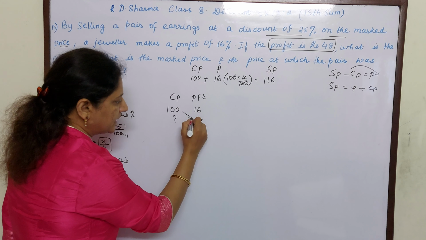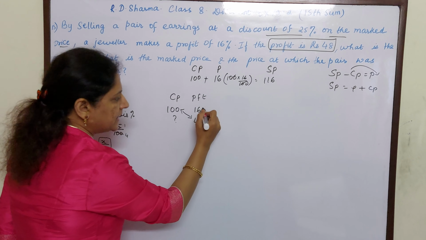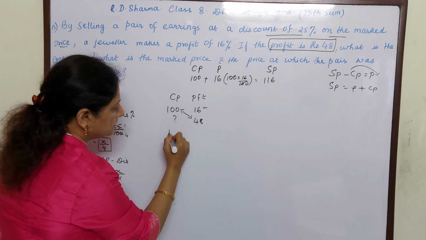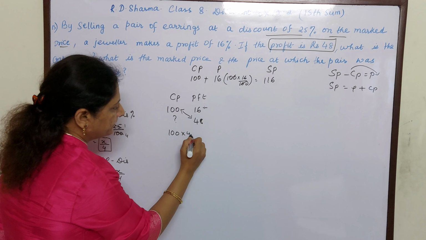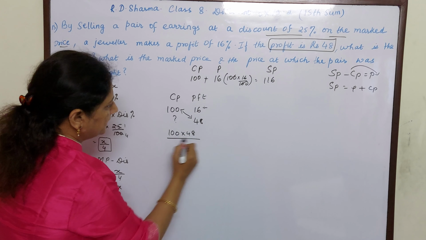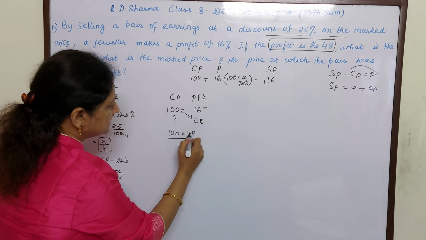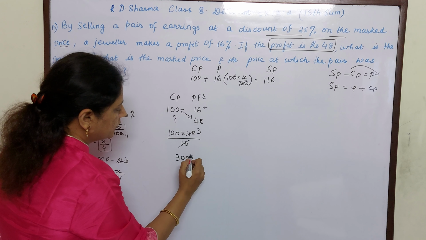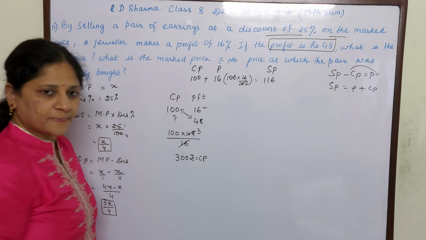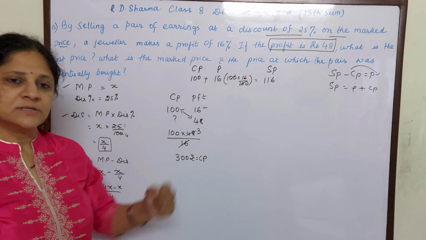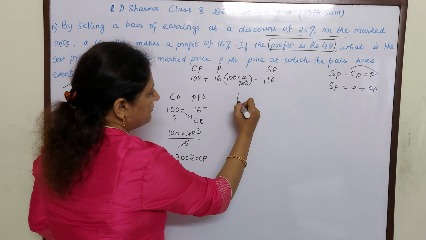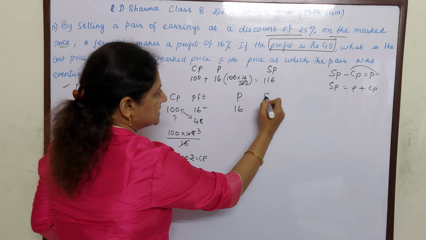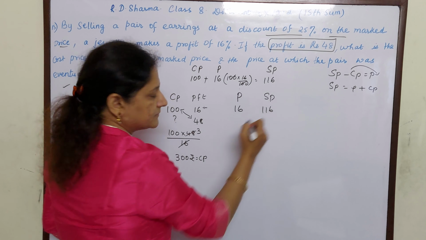So cross multiply and whatever is remaining, divide. So 100 into 48 divided by 16. 16 threes are 48. 100 into 3, 300. So 300 rupees is our cost price. In the same way, we will find the selling price. When the profit was 16, the selling price was 116.